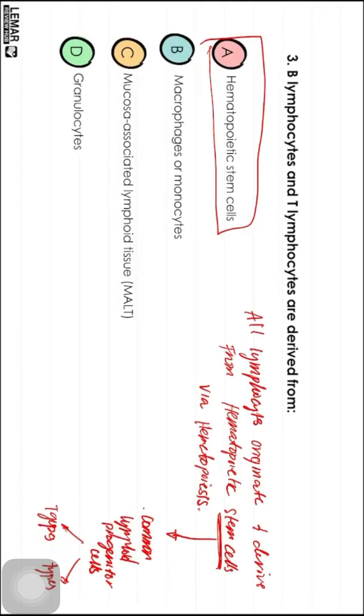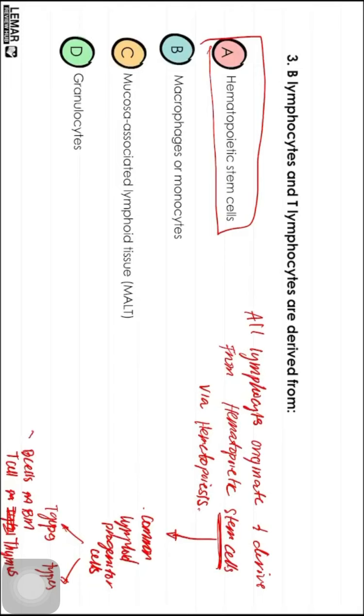Okay, the B cells mature in the bone marrow, while T cells mature in the thymus. Okay, in the thymus.